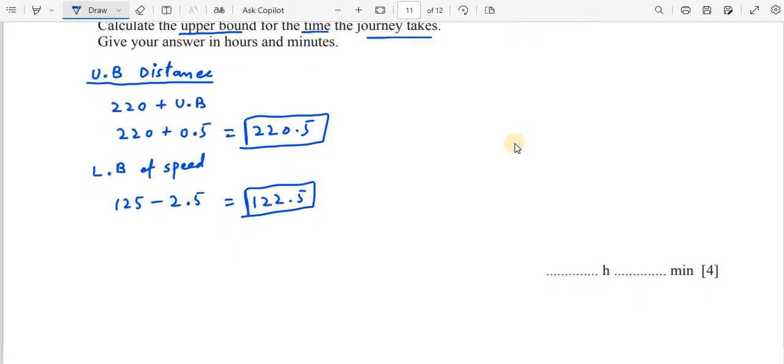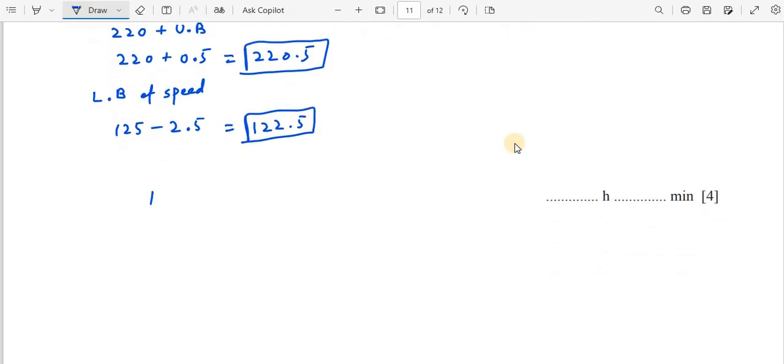We find time. So T is equal to distance over speed. So distance is 220.5 over speed is equal to 122.5. Calculating these values, we get 1.8 hours.